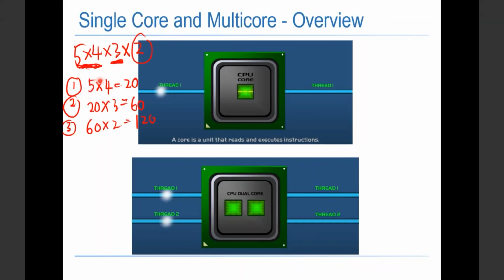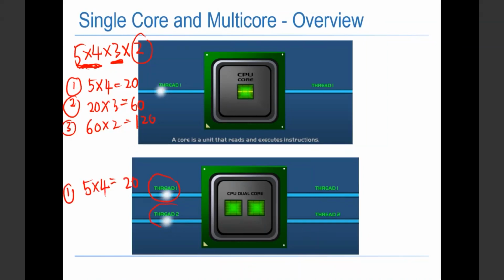And then for this dual core, what happens is because we have two threads here, you can run two processes at one time. So on the first cycle, the first thread will take 5 multiplied by 4, which gives the answer 20.